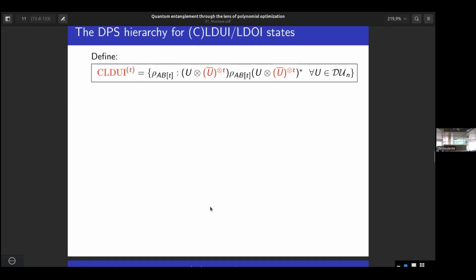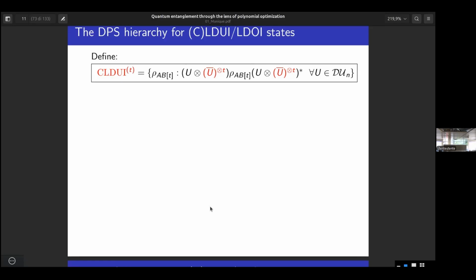And now it would be nice to see that if it is in the DPS hierarchy at one level, it has a certificate which looks almost as nice as the original state. The question we looked at together with Jonas is, does this nice sparsity or invariance property go to the higher levels of the hierarchy, and this is what we can show.